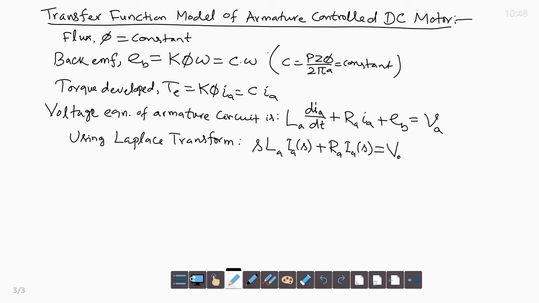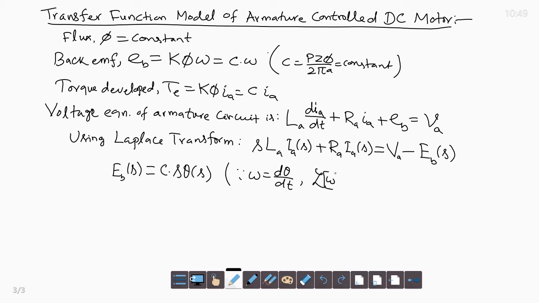Here VA is written by mistake. It is Laplace transform of armature voltage, that is VA(S), and here EB(S) is C into S theta(S). Since omega equals d theta by dt, Laplace transform of omega is S times theta(S). Initial position is again considered 0.